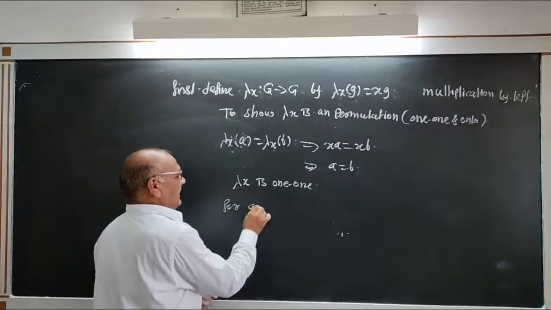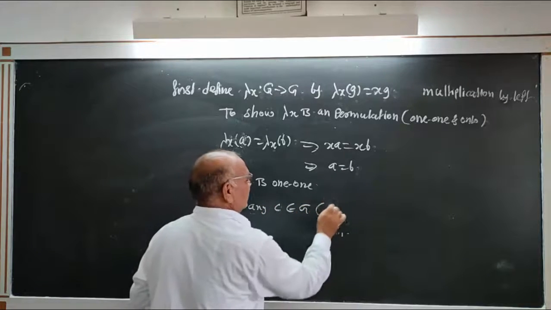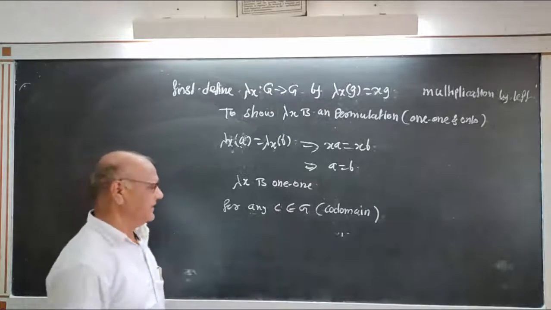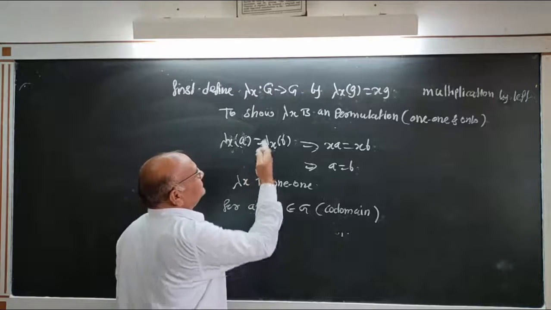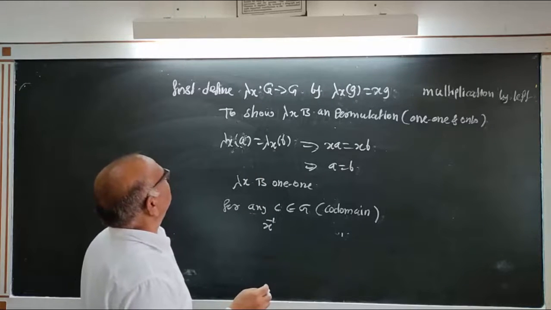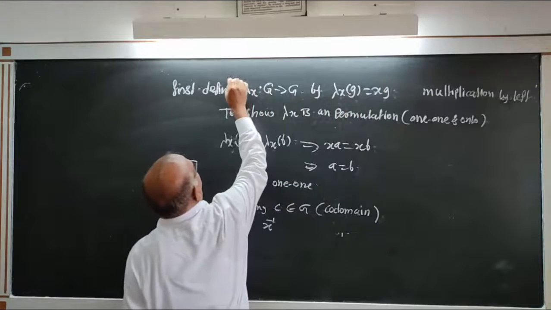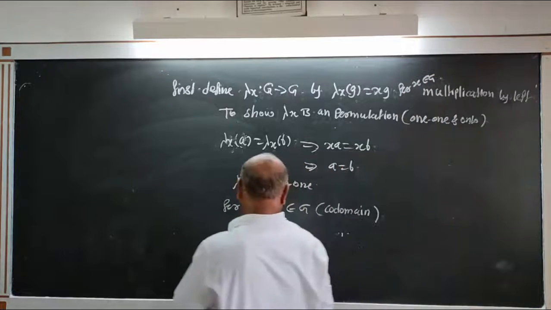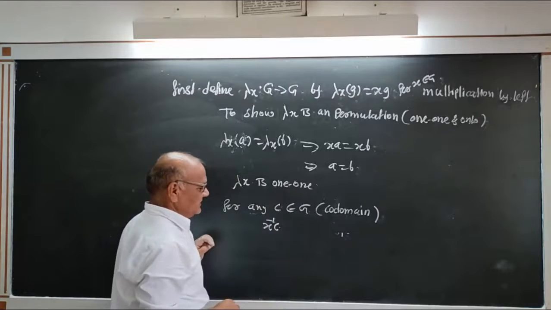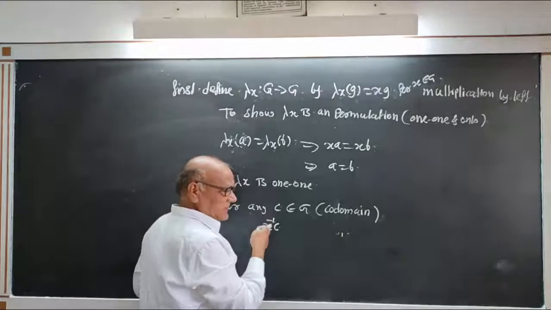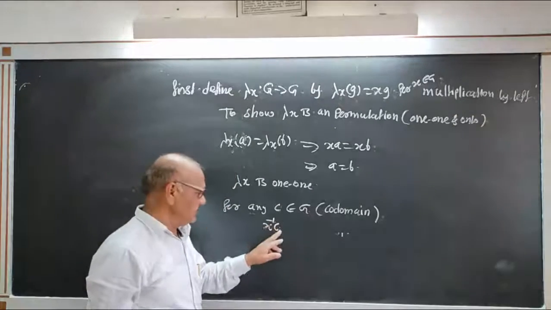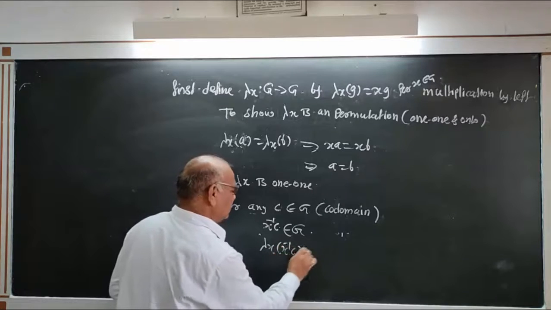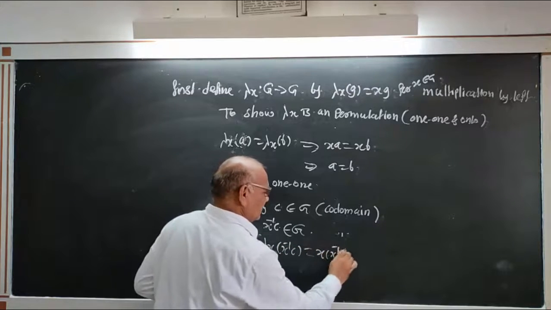Now, for any c belonging to G, the codomain, consider x inverse c. x belongs to G, G is a group, so x inverse belongs to G, and c belongs to G. Therefore x inverse c belongs to G, and lambda_x of x inverse c is equal to c.